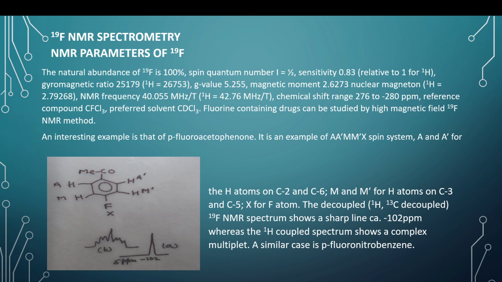A and A' refer to protons on carbon 2 and 6. M and M' refer to protons on carbon 3 and 5. X refers to fluorine atom. The decoupled spectrum is a sharp line at about -102 ppm, whereas the 1H coupled spectrum shows a complex multiplet.